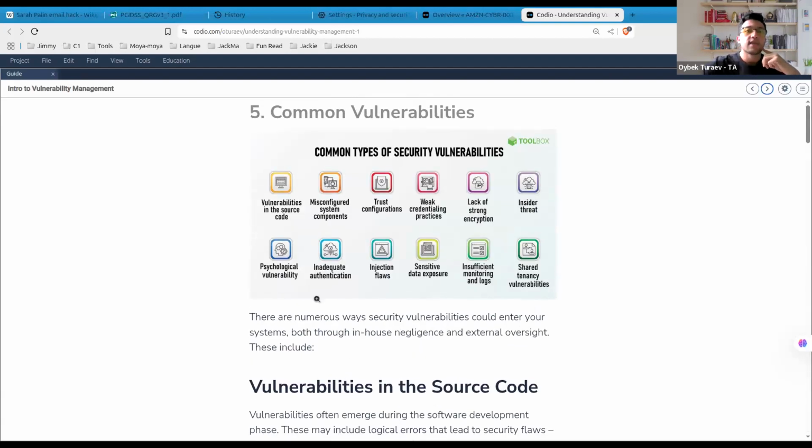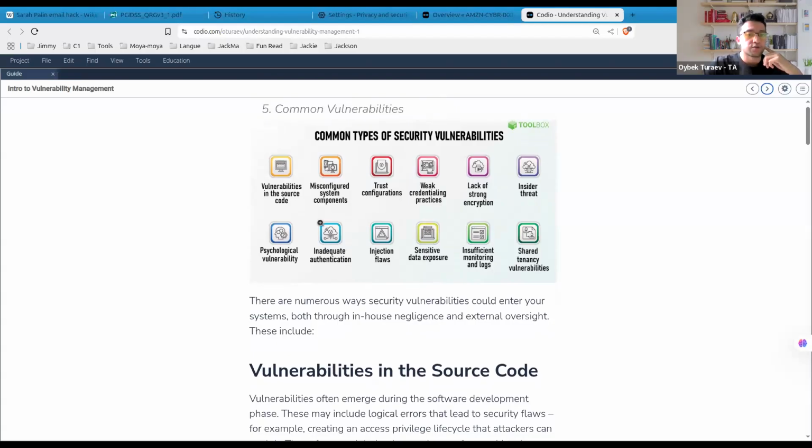Now, common vulnerabilities. I asked this question at the very beginning of the class: what kinds of vulnerabilities exist? We have vulnerabilities in the source code, starting from the software engineering background, and then misconfigured system components, which is one of the most common vulnerabilities among admins today.